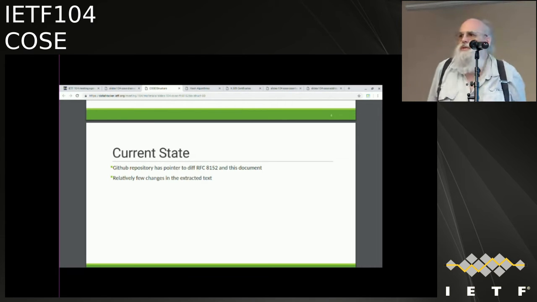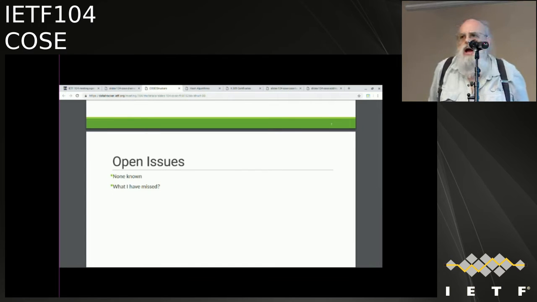If you go to the README, there are 2 pointers to RFC diff, which will compare the current version and 8152, so you can look to see what changed between everything. I don't know of any open issues on this particular document, or I didn't. I've got one now. But if I missed anything, I want to hear about it.